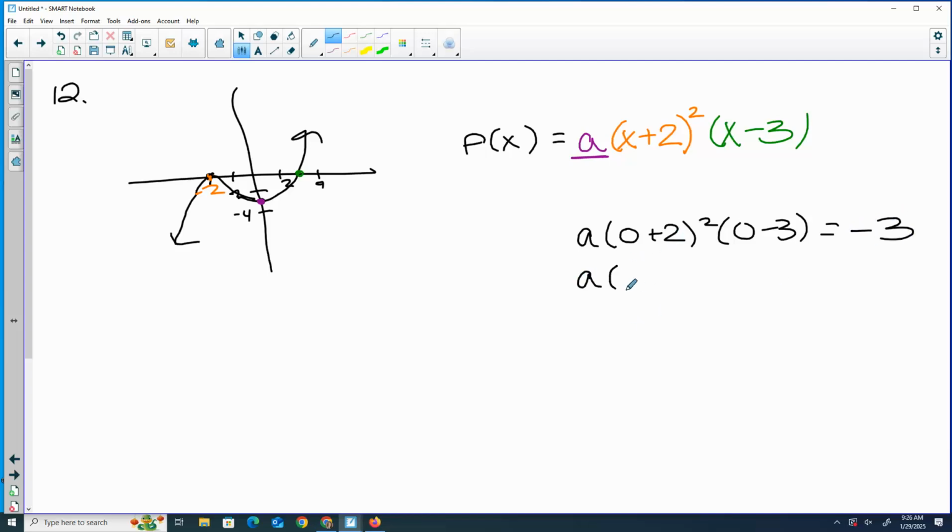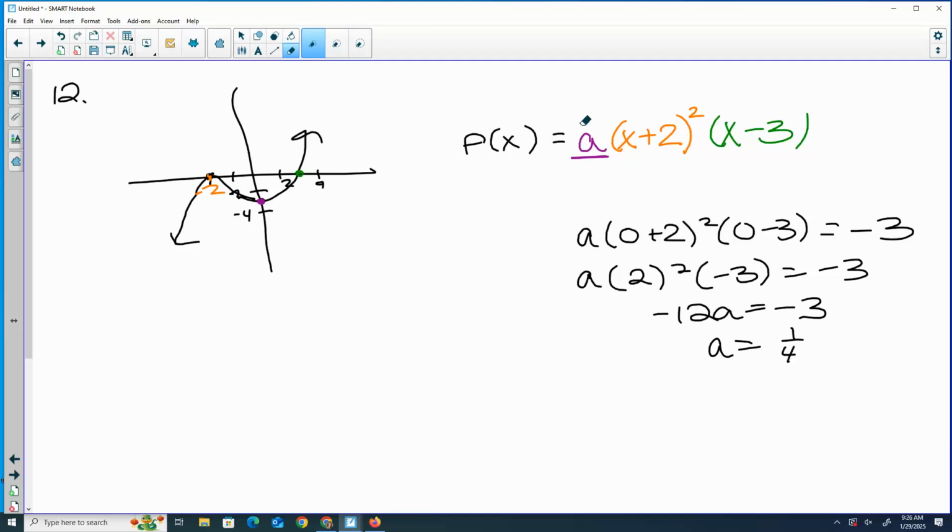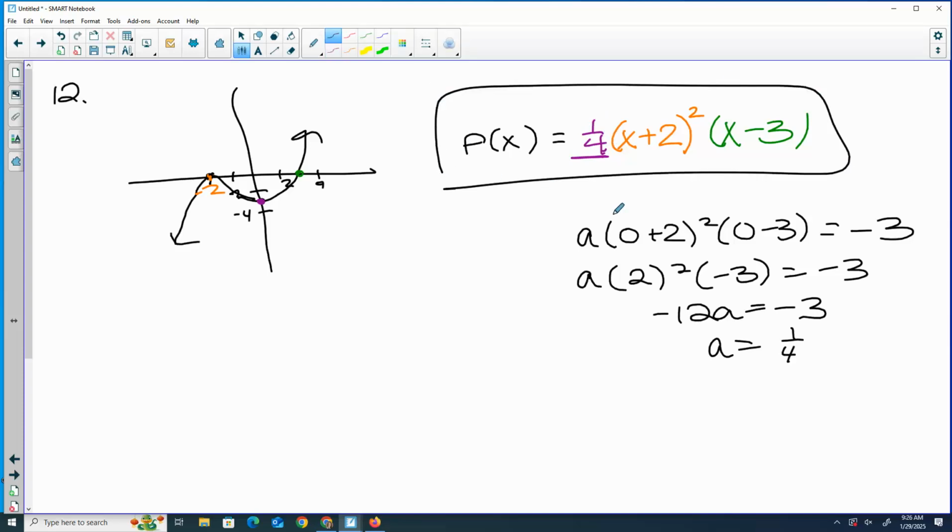So if I work this out, I get -12a equals -3. Divide by -12, so a is 1/4. So my final polynomial, we can find that number in front. It's 1/4 x plus 2 squared, x minus 3.